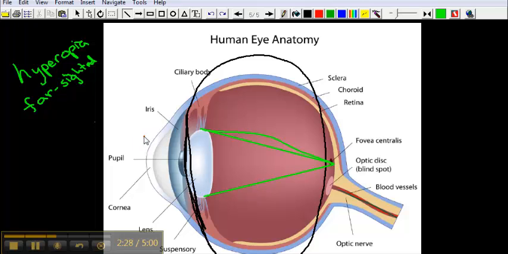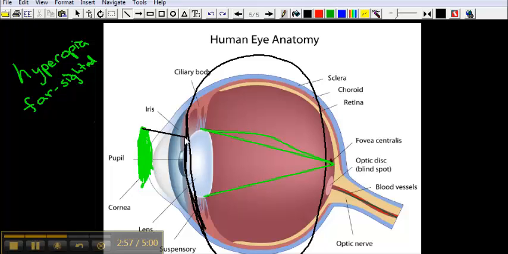If we were to draw some type of converging lens out here, where it bulges out, or double convex, on both sides, that converging lens allows the eye to bring the light in a little bit closer to start.